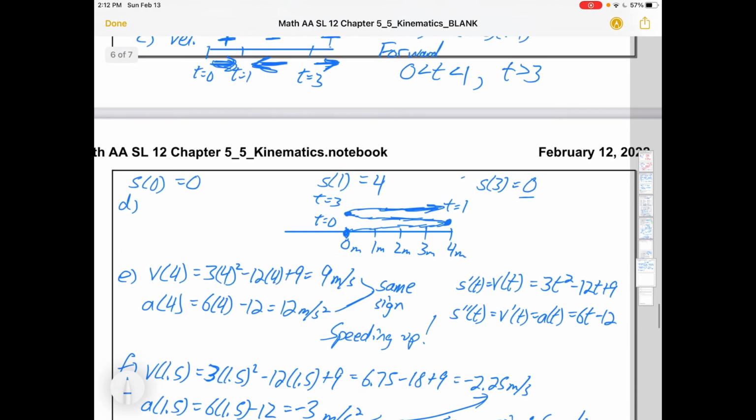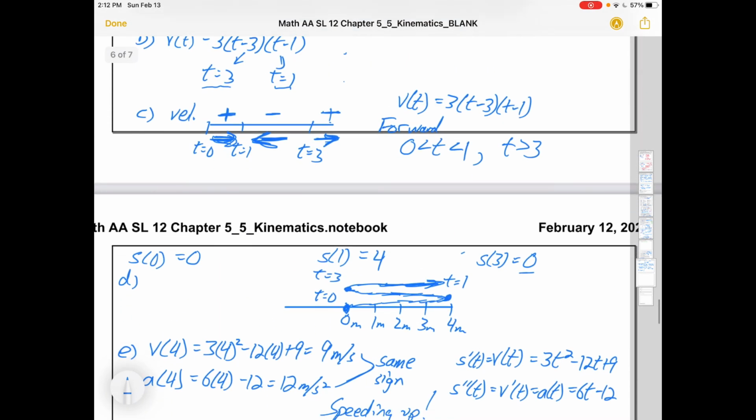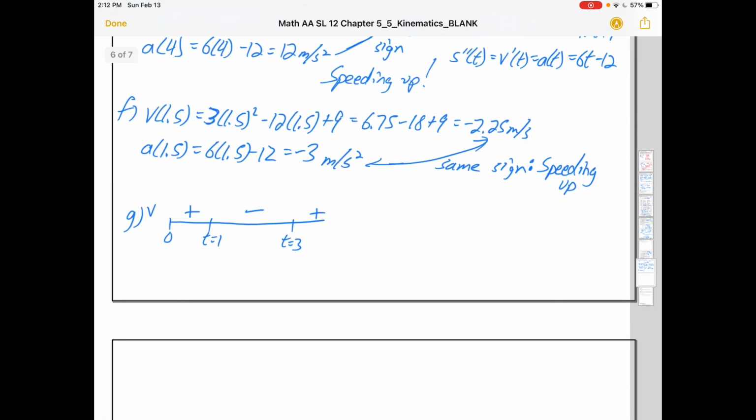We already made that sign diagram up here. Acceleration has this function. You could factor it if you want. It zeroes out at t equals 2.